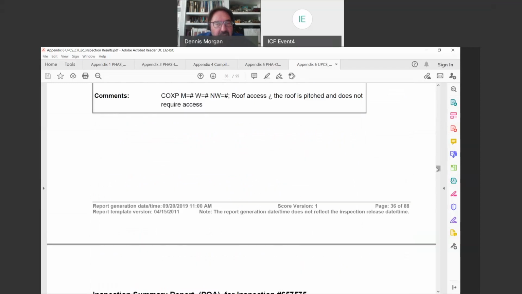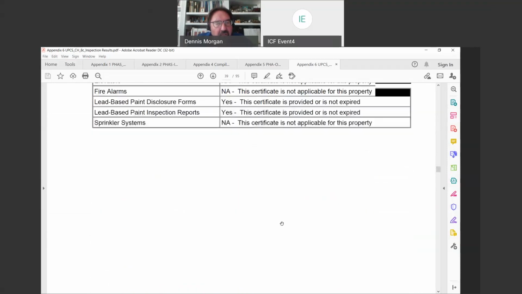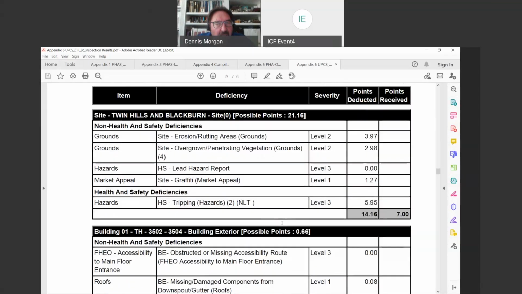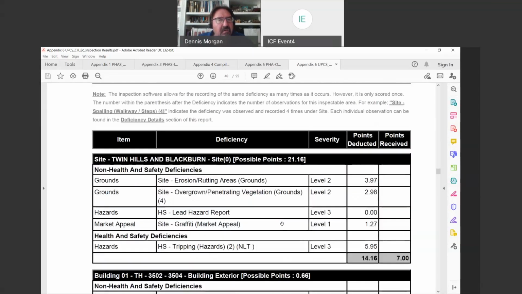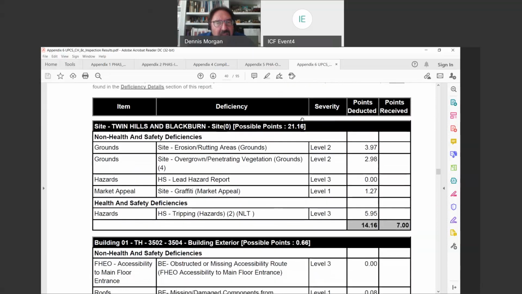So this next area in the summary is also whether I had boilers, fire alarm systems, lead-based paint forms, sprinkler systems as well, and what I provided in that makeup. But here you see in the next area of your scoring system, now I'm looking at sites. And it's saying this site is worth 21 points, but this provides me the detail.